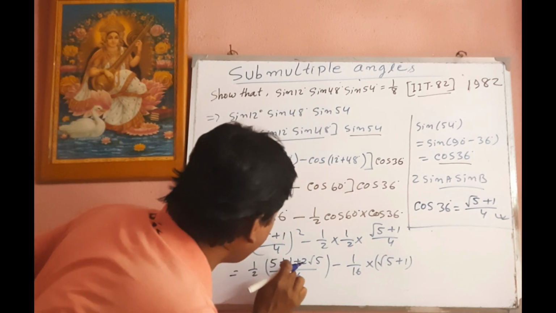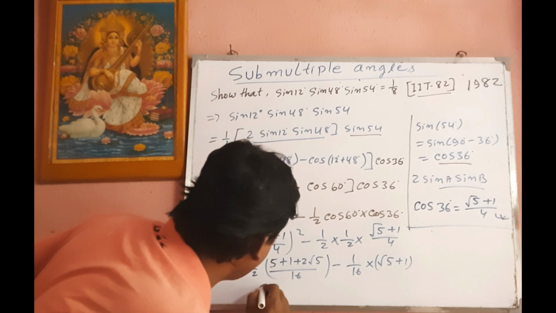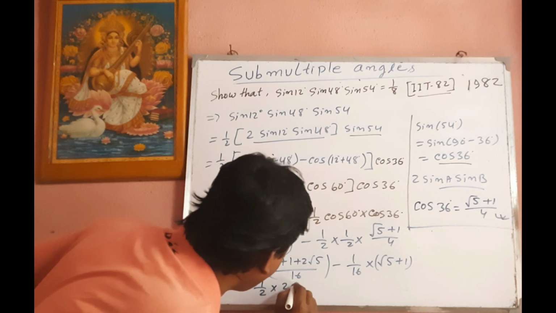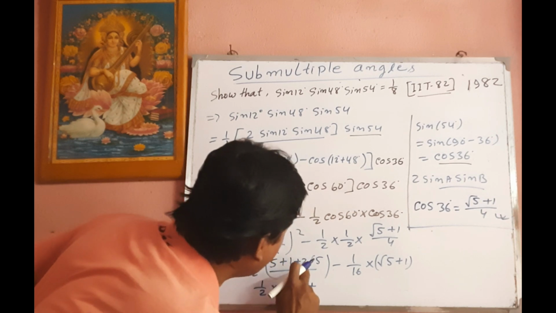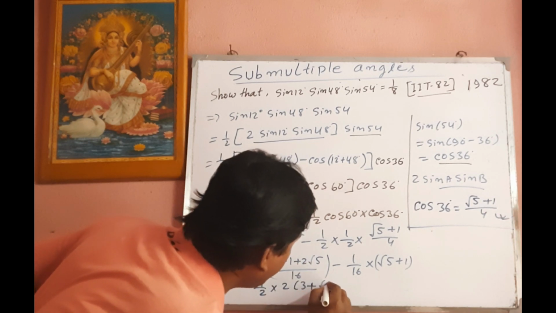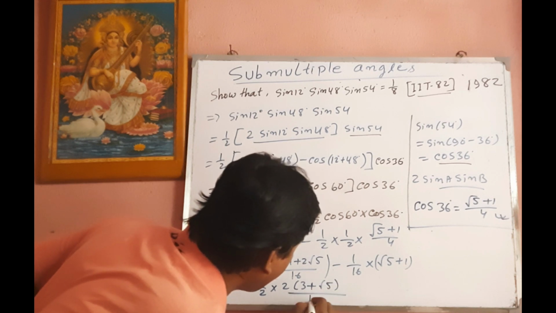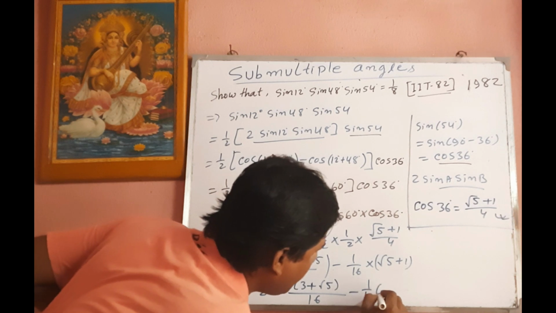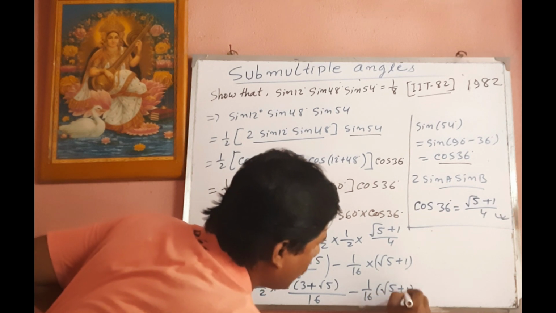Calculating this part, 5 plus 1 is equal to 6, and taking 2 common, we get 3 plus root 5 divided by 16, and here also 1 by 16 multiplied with root 5 plus 1.